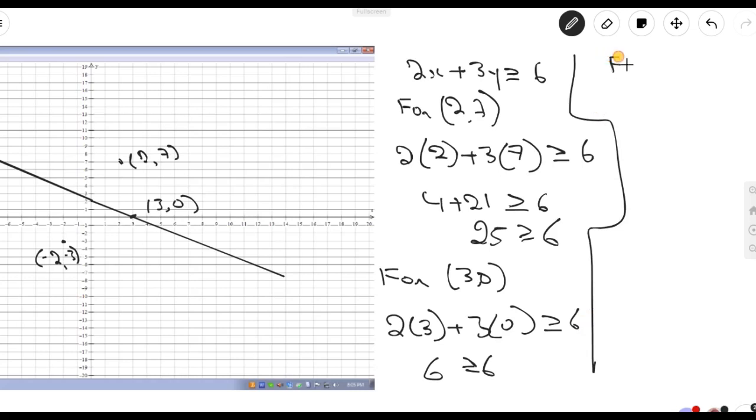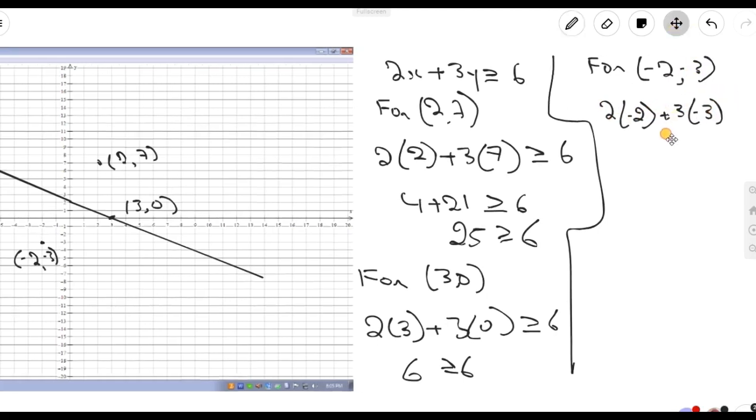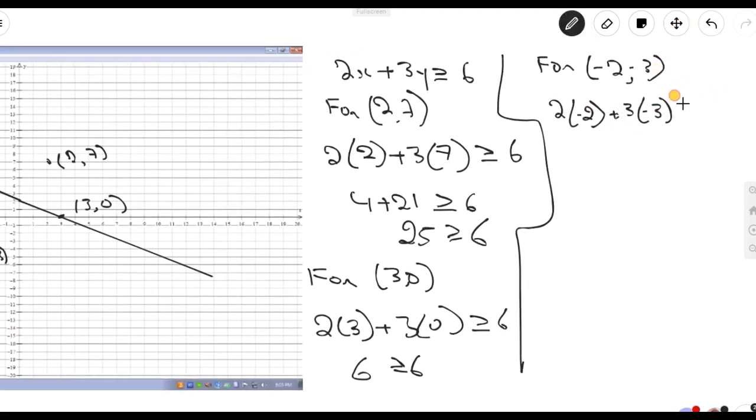So for (-2, -3), is it greater than or equal to 6?